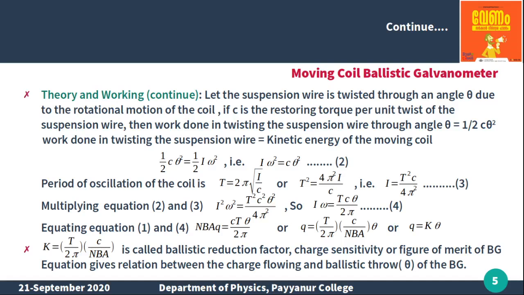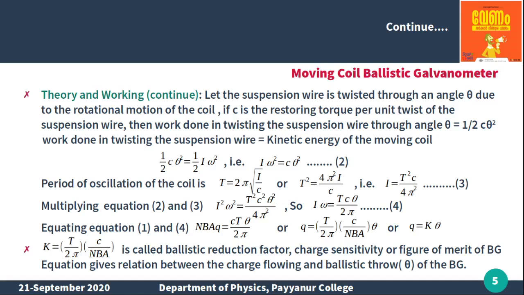So how much work do you have to do to twist this wire through angle theta? You have to integrate from 0 to theta, C theta d theta. That is the basic thing. The suspension wire is twisted to angle theta because a restoring torque is developed in it, so in order to rotate it through an angle theta, you have to do work.